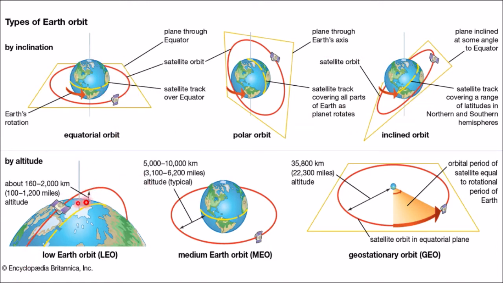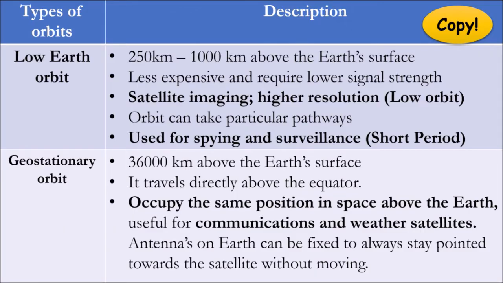But if we're talking about the physics of it, we have the low Earth orbits, which you can do really quickly, or you have the geostationary orbit. As we talked about, a geostationary orbit takes 24 hours to do one rotation. That's the same amount of time the Earth rotates once around its own axis. So the benefit of these two models, let's quickly have a look.